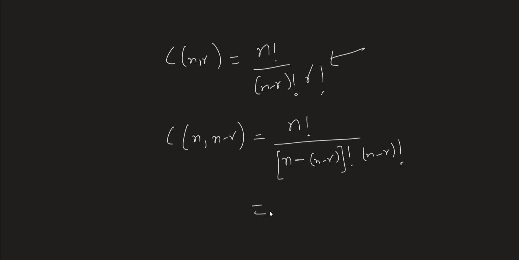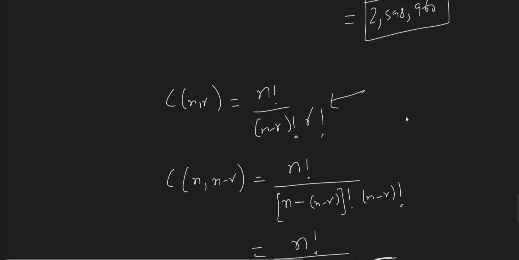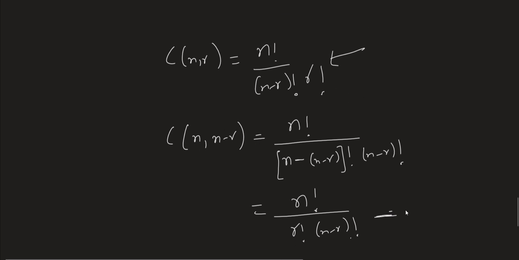If you simplify this, n minus (n minus r) gives r, so it will be n factorial divided by r factorial times (n minus r) factorial. So both are the same. That's why in the last problem we got the same number of combinations.